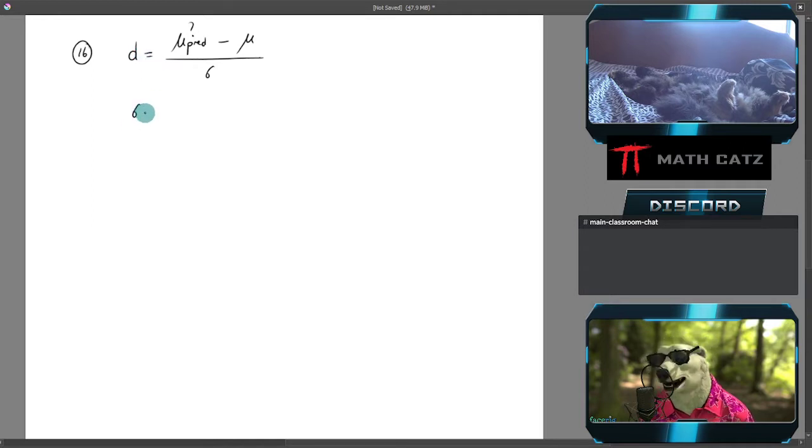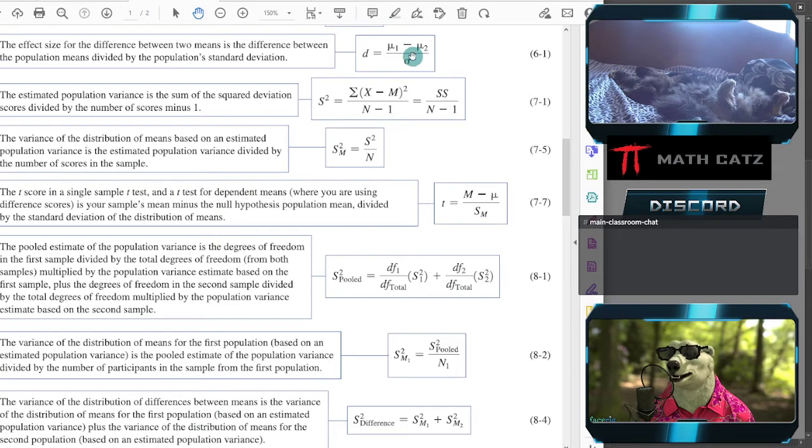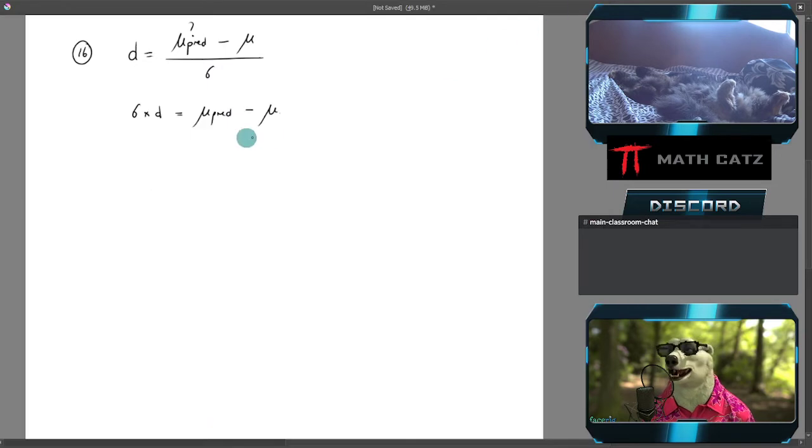So sigma times d will be mu predicted minus mu, or mu2, or whatever you think of in the formula. And then I want to solve for mu predicted because that's the unknown. So it'll be mu plus sigma times d.